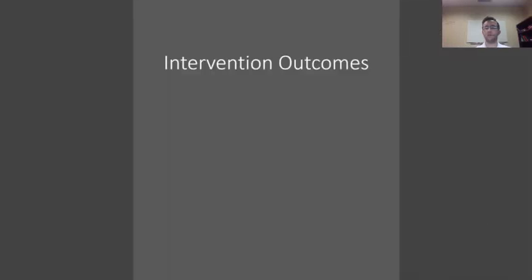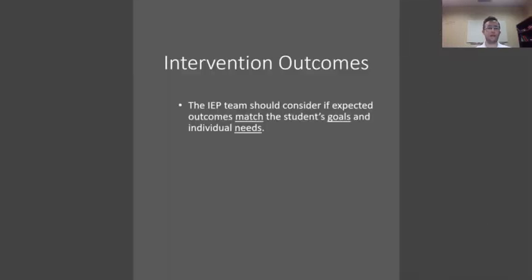So let's look at intervention outcomes. The IEP team should consider if expected outcomes match the student's goals and individual needs. So for intervention outcomes, we're talking about the extent to which expected outcomes match the student's goals and individual needs.